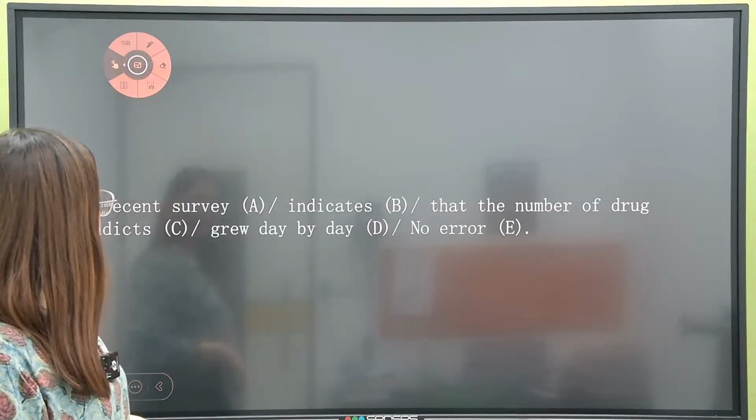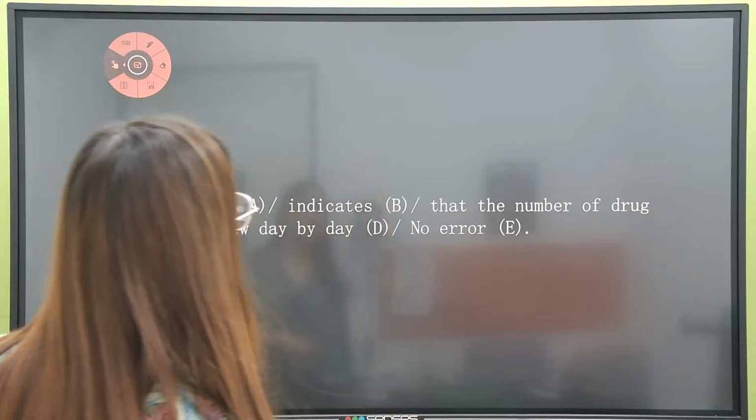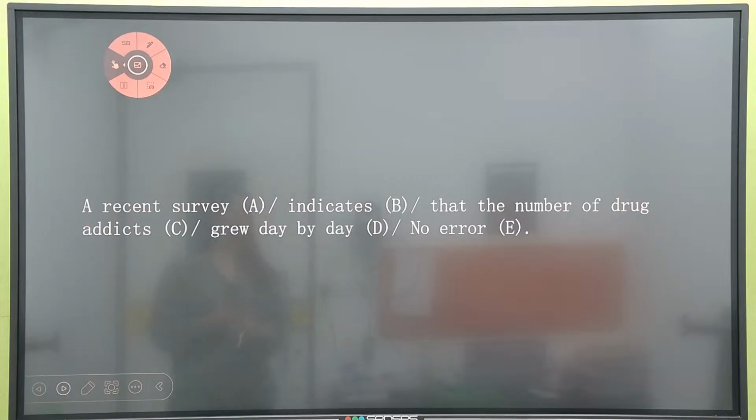Next, a recent survey indicates that the number of drug addicts grew day by day. No error.